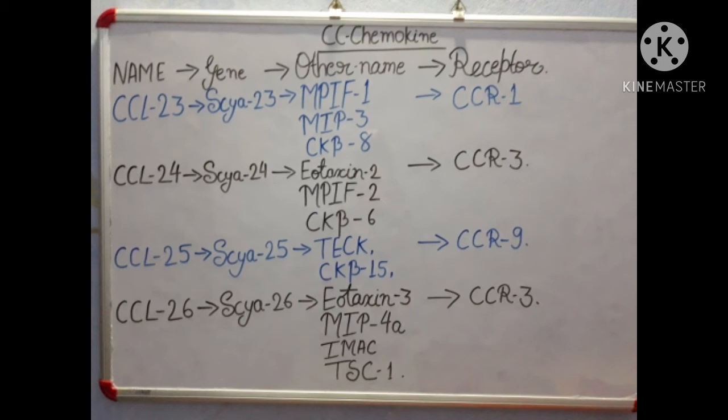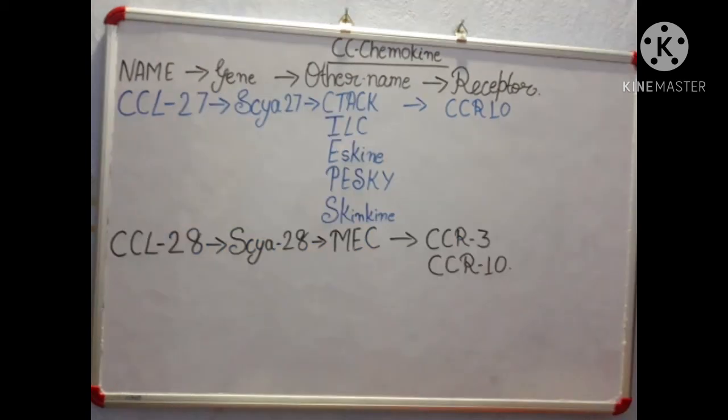CCL25 is encoded by the SCYA25 gene and it is also known as TECK, CK beta 15 and its receptor is CCR9. CCL26 is encoded by gene SCYA26 and its other names are eotaxin 3, MIP4A or MIP4 alpha, IMAC, TSC1 and its receptor is CCR3.